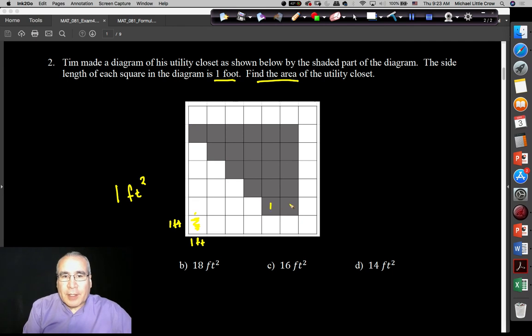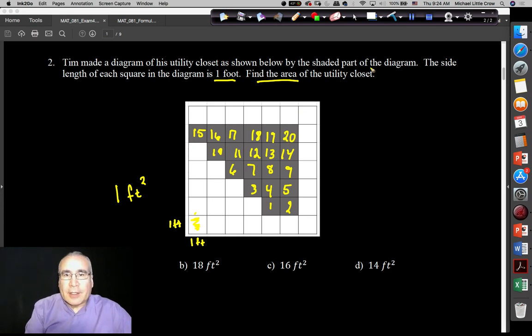So we have 1, 2, 3, 4, 5, 6, 7, 8, 9, 10, 11, 12, 13, 14, 15, 16, 17, 18, 19, and 20 square feet, which is the answer that I'm covering up. I apologize for that. Let me turn this camera off for just a moment.